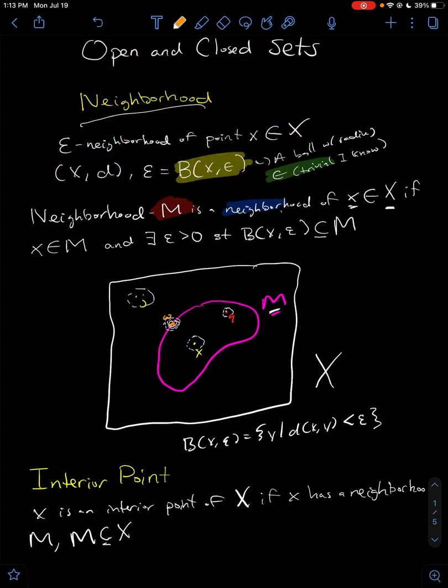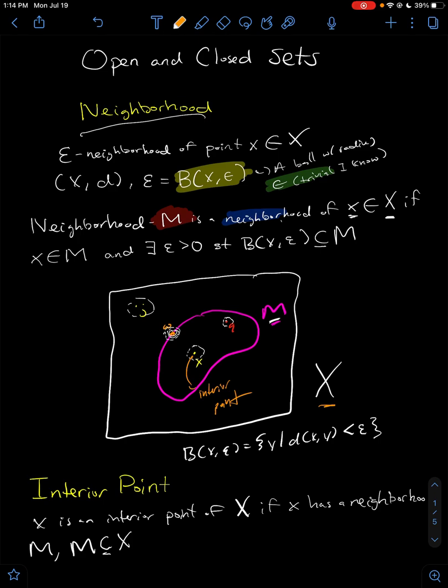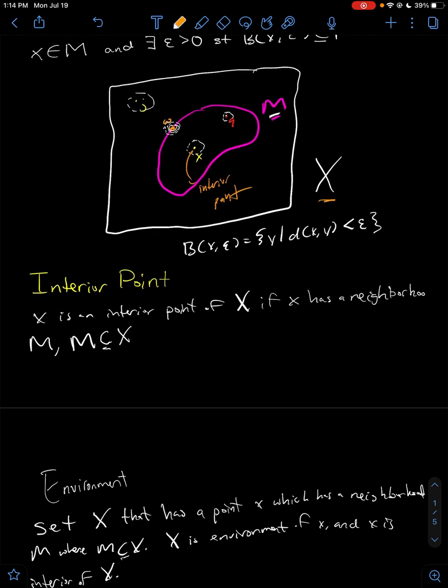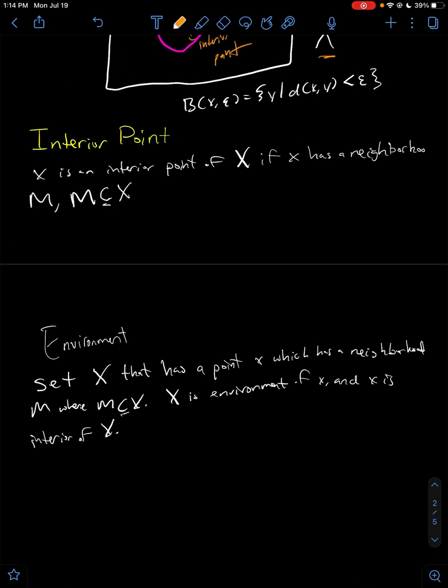So in this case, x would be an interior point of big X, since there is some neighborhood around x that is contained in big X. M is a neighborhood of x, and x is an interior point of big X, since there is a neighborhood around x that's in big X.